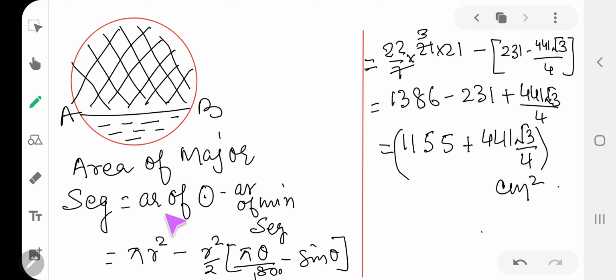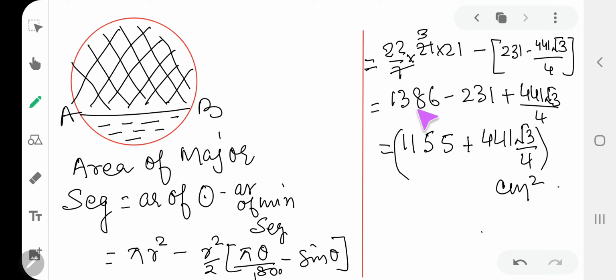The area of the circle is pi r square, and the area of the minor segment that you calculated just now is r square by 2 into pi theta upon 180 degrees minus sine theta. Let us put in the values and calculate further.